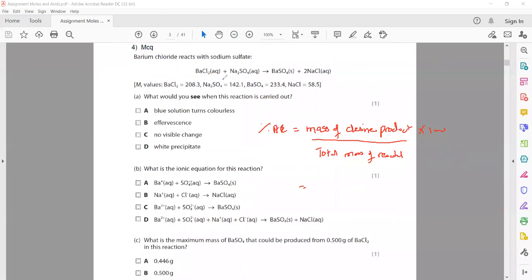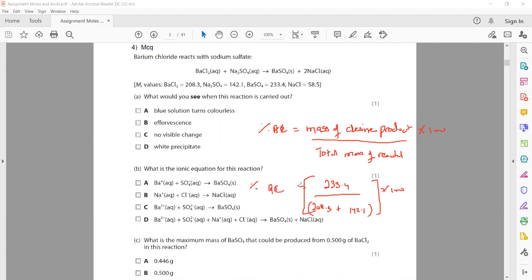So the mass of barium sulfate is 233.4, divided by the total mass of reactants, barium chloride plus sodium sulfate. So barium chloride is 208.3 plus sodium sulfate is 142.1, and that is multiplied by 100.